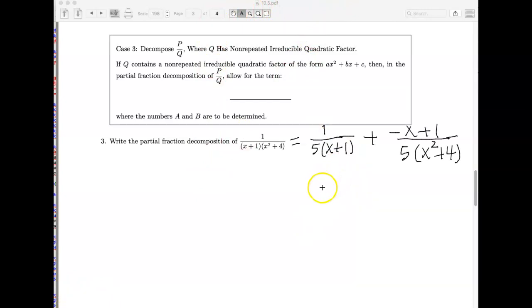So we found A to equal 1/5, so we have 1/5 times 1 over (x + 1). We found B to equal -1/5 and C to equal 1/5, so we can essentially factor out that 1/5, leaving us with (-x + 1) on top divided by 5 times (x² + 4). Alright, so that was case 3. One more case to go.